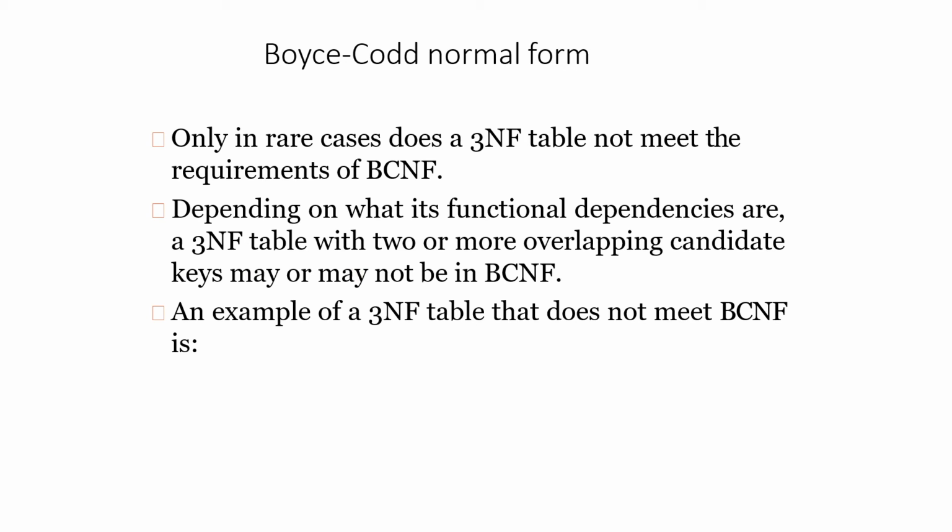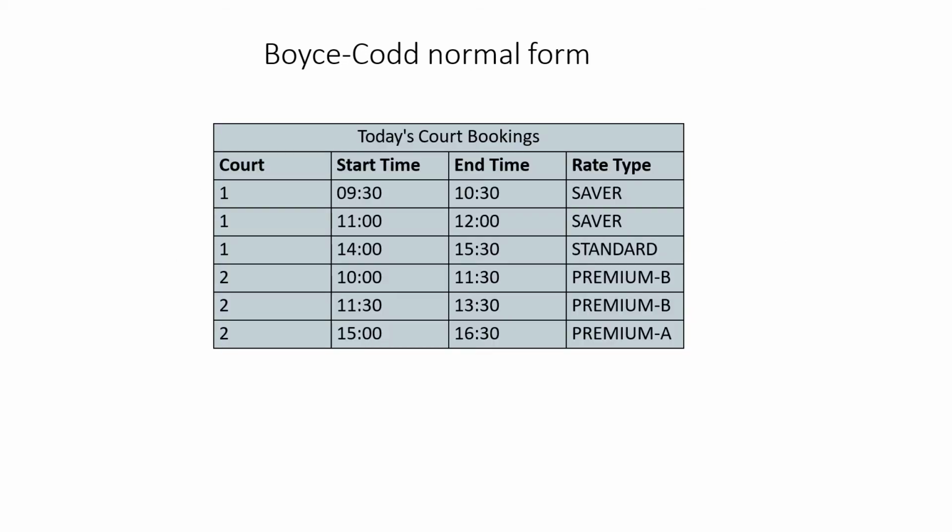An example of a 3NF table that does not meet BCNF is this. We have court 1, 1, 1, 2, 2, 2, start time, end time and rate type. This is today's court booking.